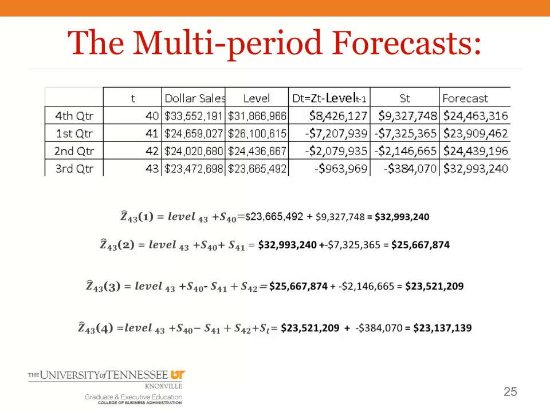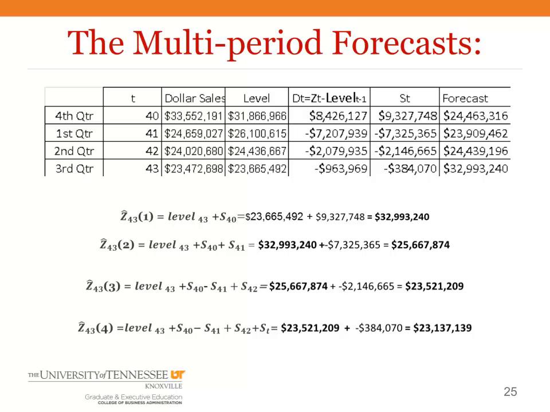Then if I wanted to forecast another period into the future, that bolded value 32,000, I would just bring it down and add another period which says, in going from fourth quarter back into first quarter of the following year, I need to subtract another 7,000 because that's the smooth value of that discrepancy.